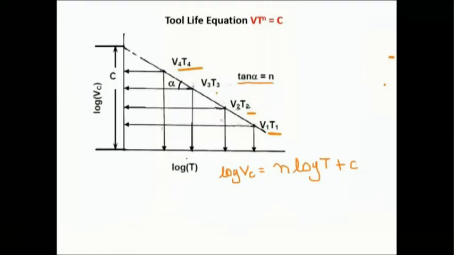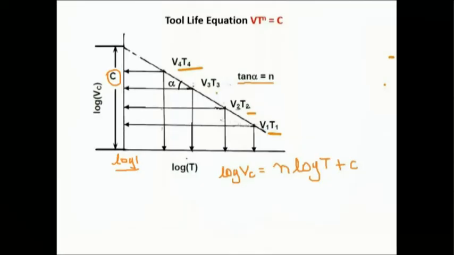Now if we try to write an equation for this line as y equals mx plus c, then we can write log Vc, that is y, equals slope n times x, that means log t, plus c. That c is the intercept. That means suppose this is the log t value 1, at that value of log t the maximum value is the intercept, that is c.